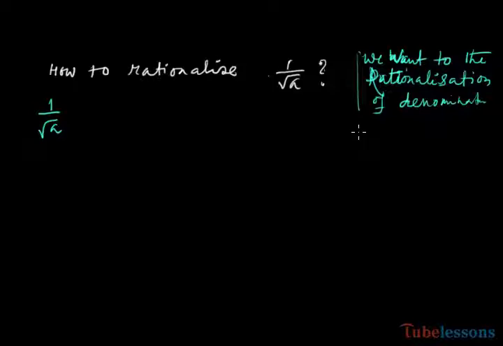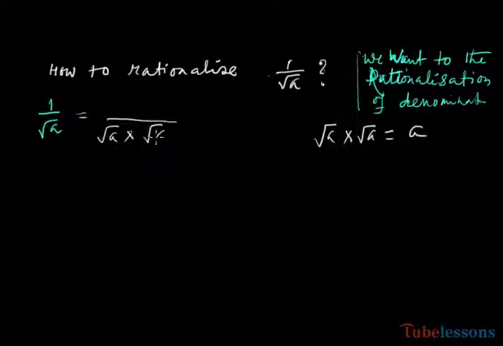As we know, root a, when multiplied with root a, becomes a. So to rationalize the denominator, we multiply with root a only. So 1 into root a, so root a by a.